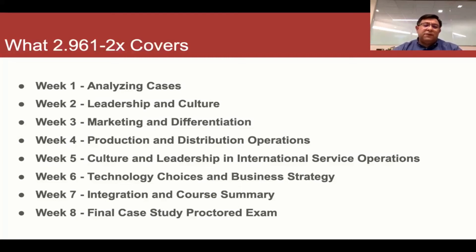with an emphasis on international service operations. Part of the reason we focus on that, and we come back to this concept of culture and leadership in the international context, is twofold. First, many of you are from outside the United States, but second, as the manufacturing industry has evolved, it's not just about products anymore.